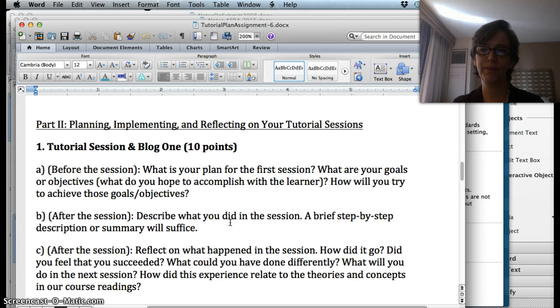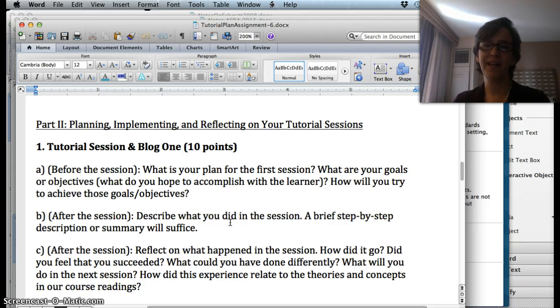even within a session, when you plan your session, a lot of times what happens with tutorials is you need to be flexible. So even within that session, it might not work out the way that you thought it was going to, or it could be that your tutee wants to spend a lot of time on one particular thing that you planned and not another. And so I understand that that is one of the main things about tutorials. They're very flexible.